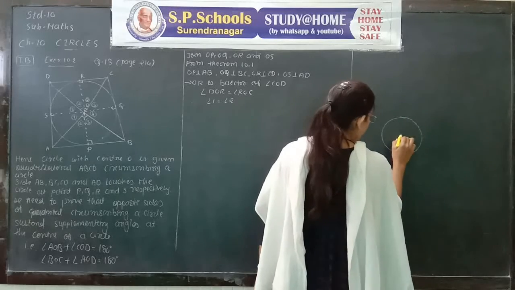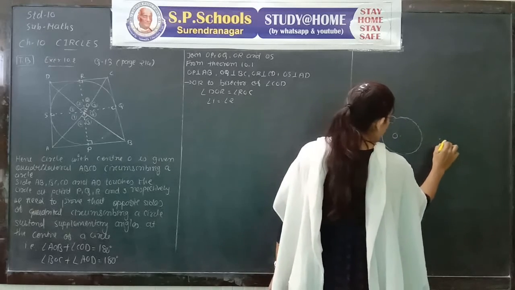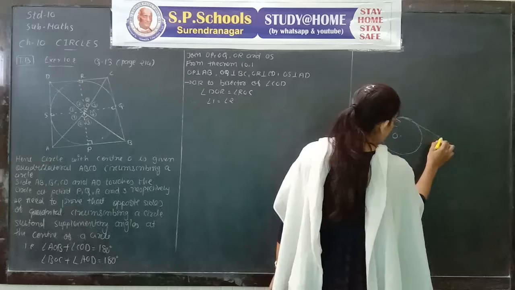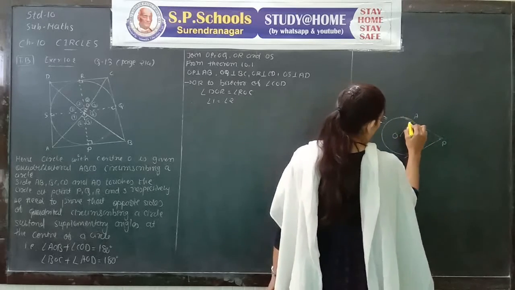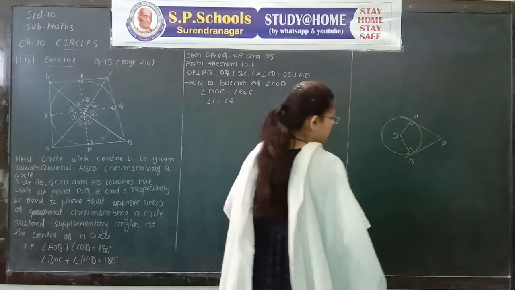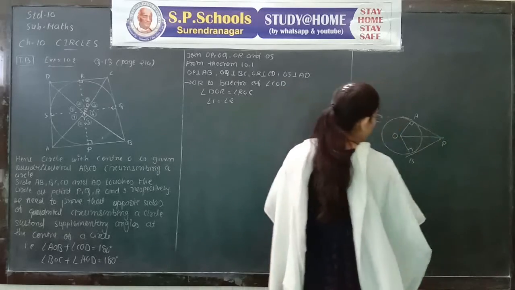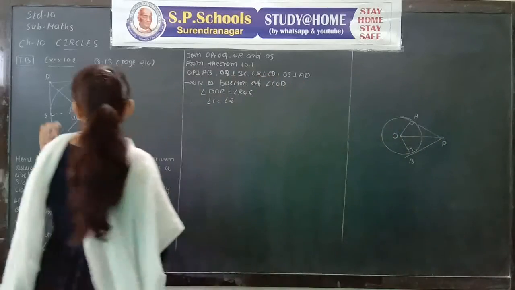From the theory, point P lies outside the circle, and the two tangents PA and PB are there. OP is the bisector.